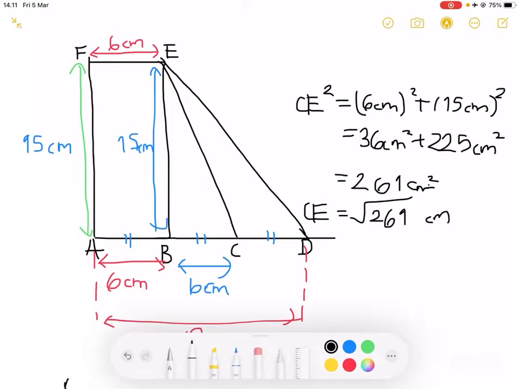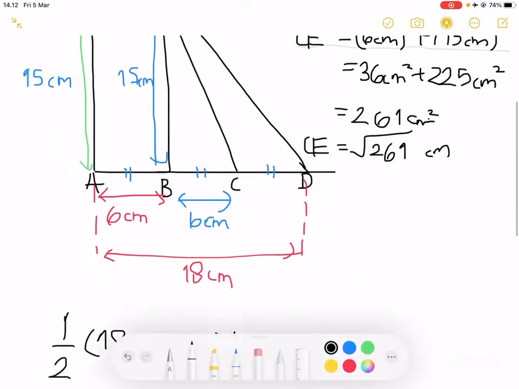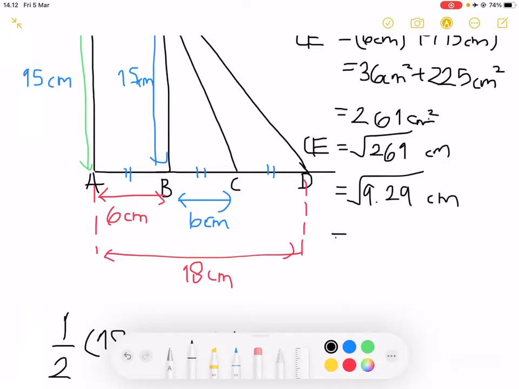Or if you just want to try to factor it out, do whatever you want. I'm just going to factor out a 9 from this, so it will be 9 times 29 centimeters, and we can just take the square root respectively because the insides are both positive. Therefore we have 3 times square root of 29 centimeters.